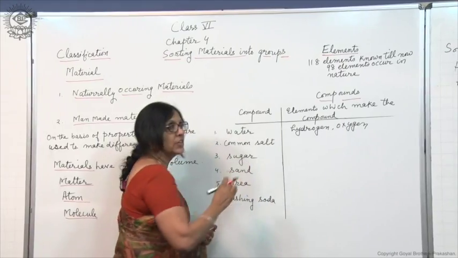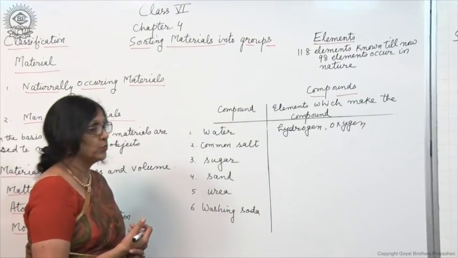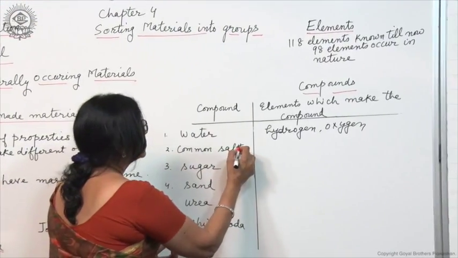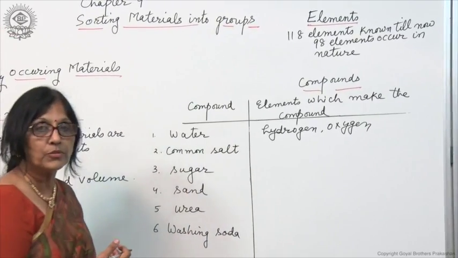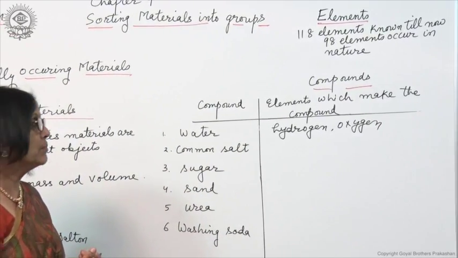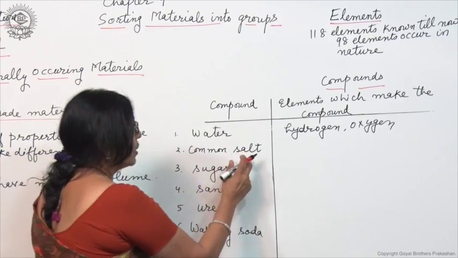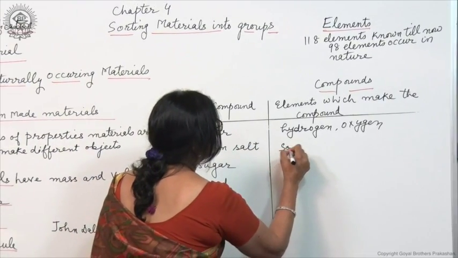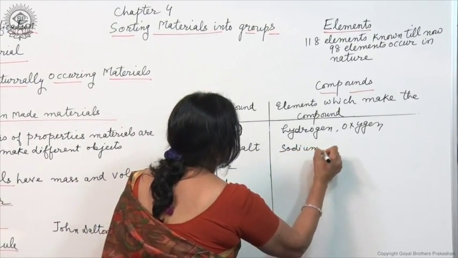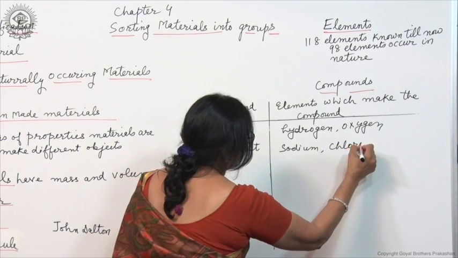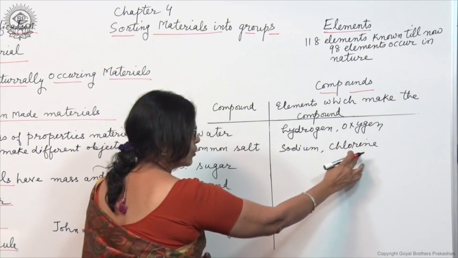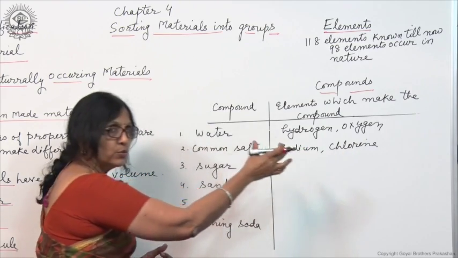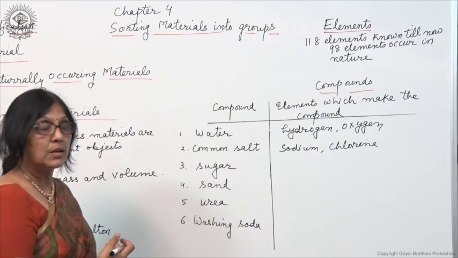Then common salt, the kitchen salt which you use to cook food. Your mother cooks food for you using this common salt, without which the food will become tasteless. Common salt is made up of the elements sodium and chlorine. Sodium is an element, chlorine is also an element, and the two elements combine and form the compound.